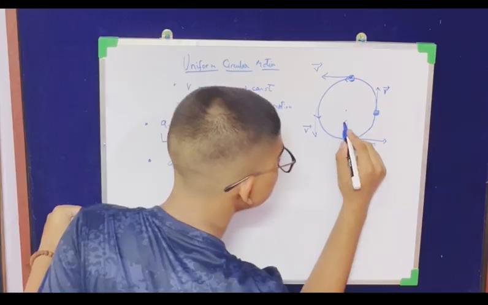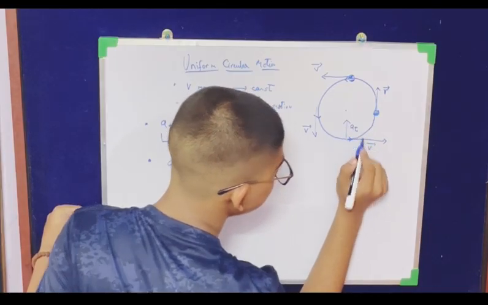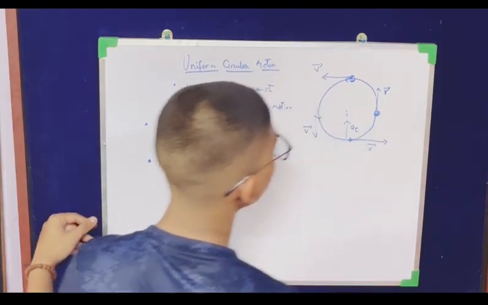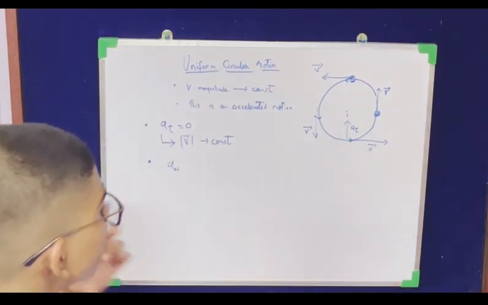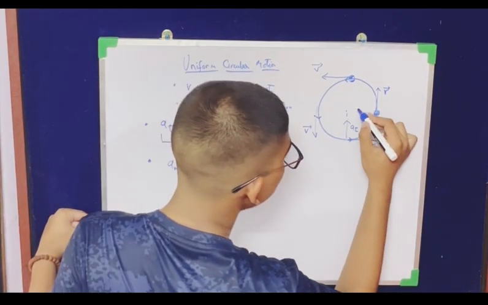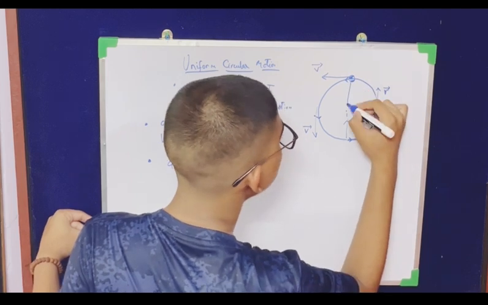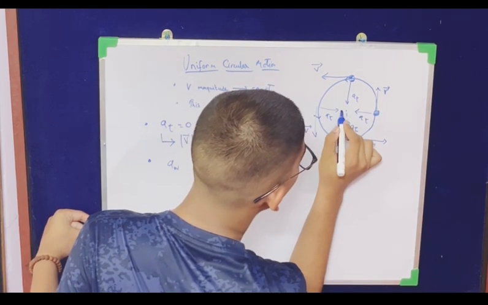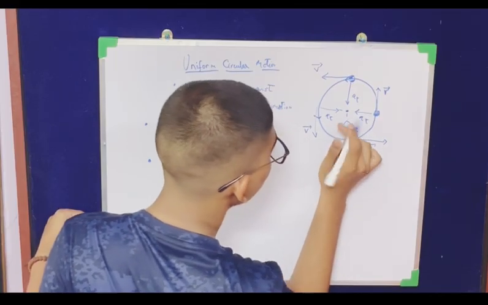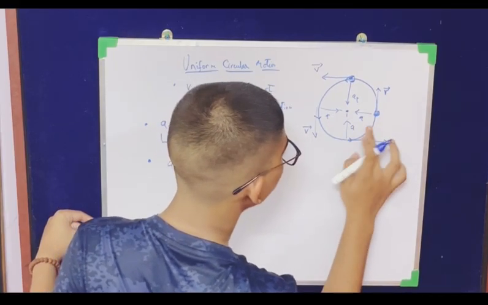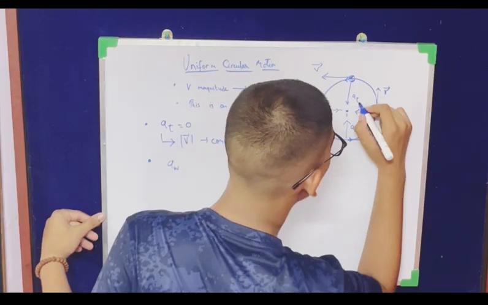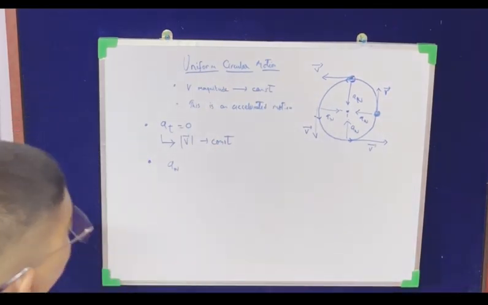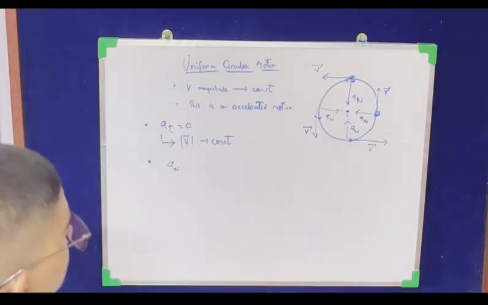The normal acceleration. It is working towards the center. We have to remember that it always works towards the center, like this, which is responsible for the change in direction. Because of this normal acceleration, the direction of the motion is constantly changing.